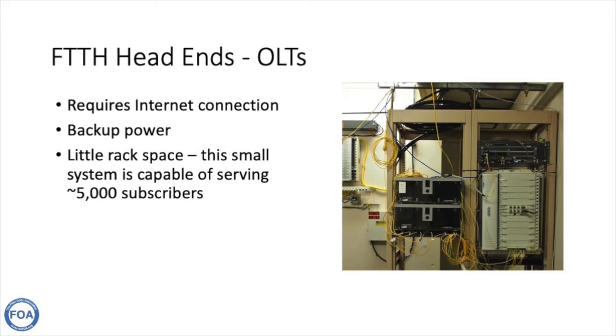In the middle is a patch panel where the outside plant cable is connected to the patch cords that go into the OLT. And in the background you can see the router that connects the OLT to the internet on an incoming fiber optic cable.